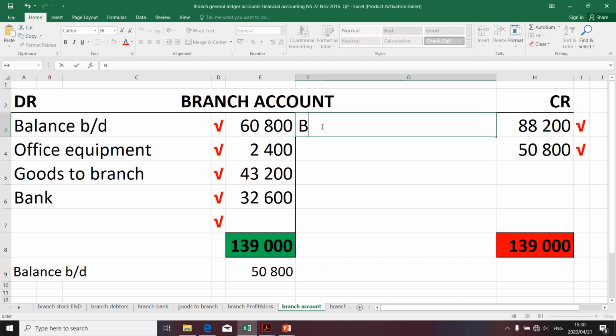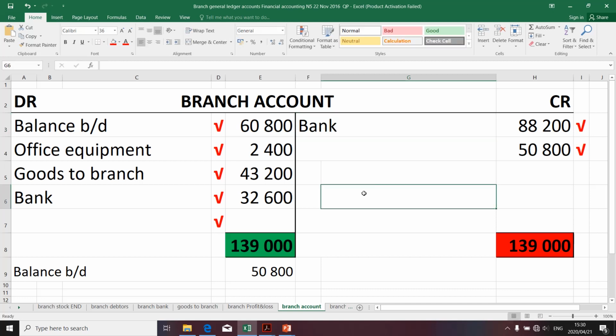I'm going to call this bank. Bank is the control account. In this case, the bank of the head office is actually increasing with the money that it received from the branch. In the previous transaction, the bank of the head office was decreasing because the head office sent money to the branch. So you see the two transactions are opposing each other.